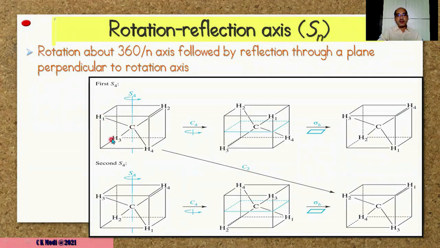Carbon is situated at the center, and the 4 hydrogens are situated at 4 alternate corners: hydrogen 1 here, hydrogen 2 here, hydrogen 3 here, and hydrogen 4. So it is a rotation by 360/n about an axis followed by reflection through a plane. These operations involve 2 operations simultaneously: rotation about an axis followed by reflection through a mirror plane.